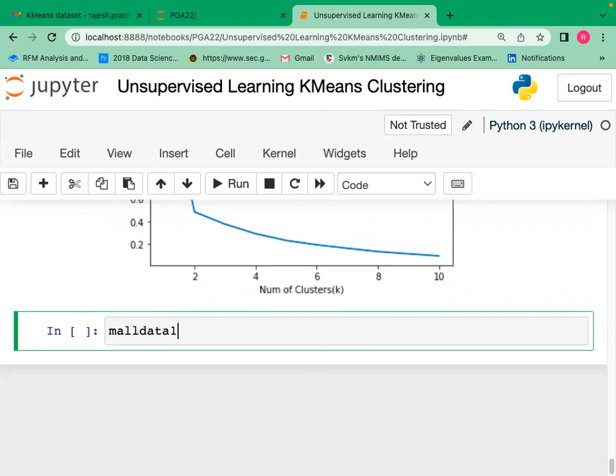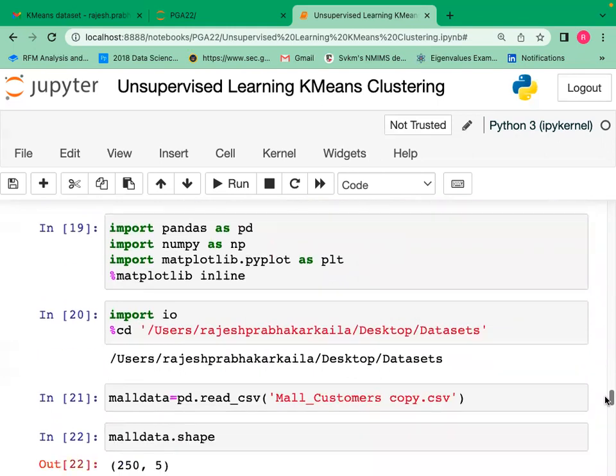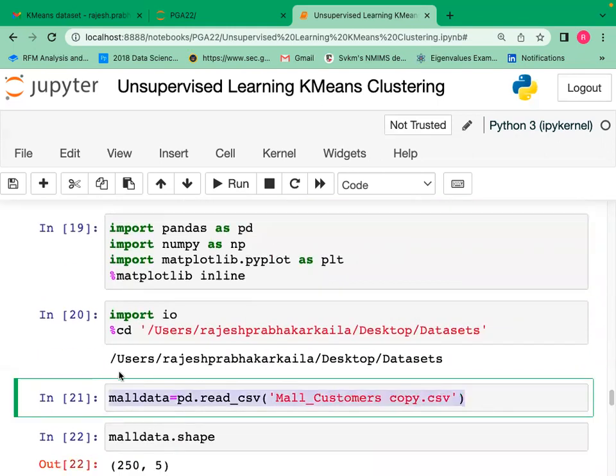Small data 1 is equal to pd.read_csv. Re-import the data as small data 1, and copy this, right? I am typing.